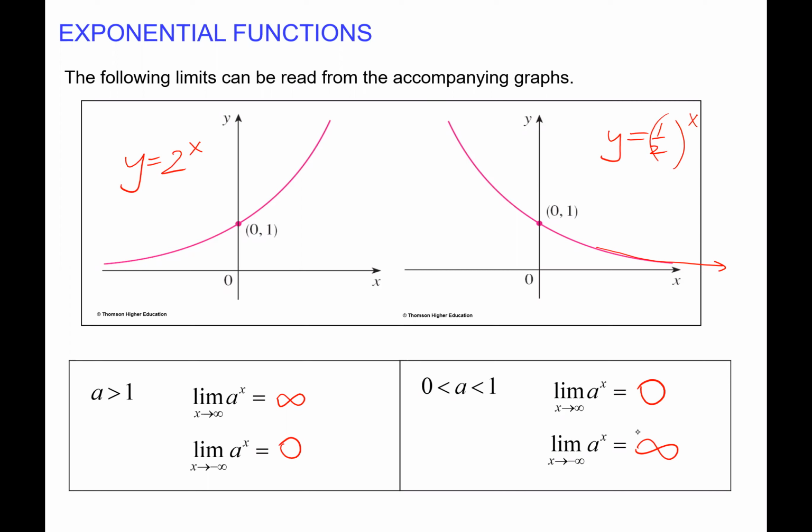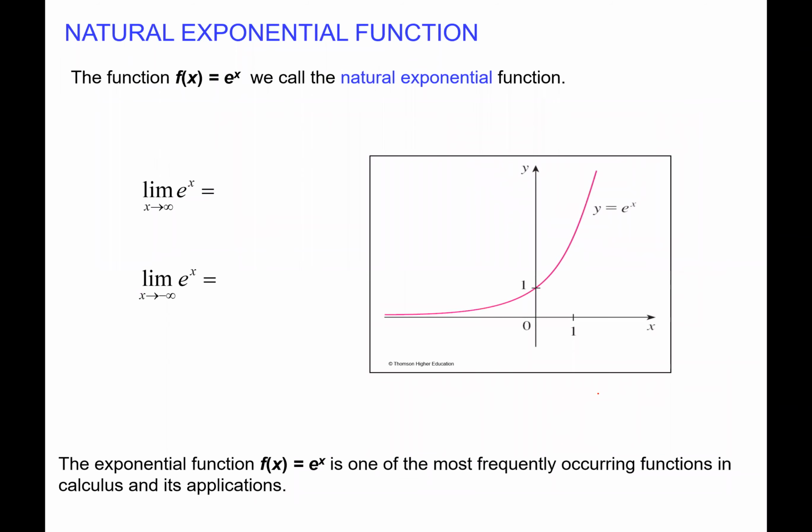Okay, that means knowing the shape of the exponential function, we can compute some limits. We also remember the natural exponential function is the function with the base e. e is a number definitely greater than 1, approximately 2.71, which means that's the shape.